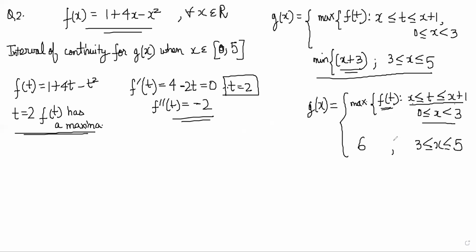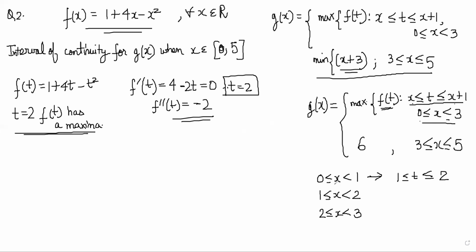So let's split this 0 to 3 into 3 parts: 0 is less than x is less than 1, let's say, and 1 is less than equal to x is less than 2, and 2 is less than equal to x is less than 3, right? Then here t goes from 1 is less than t is less than equal to 2, right?